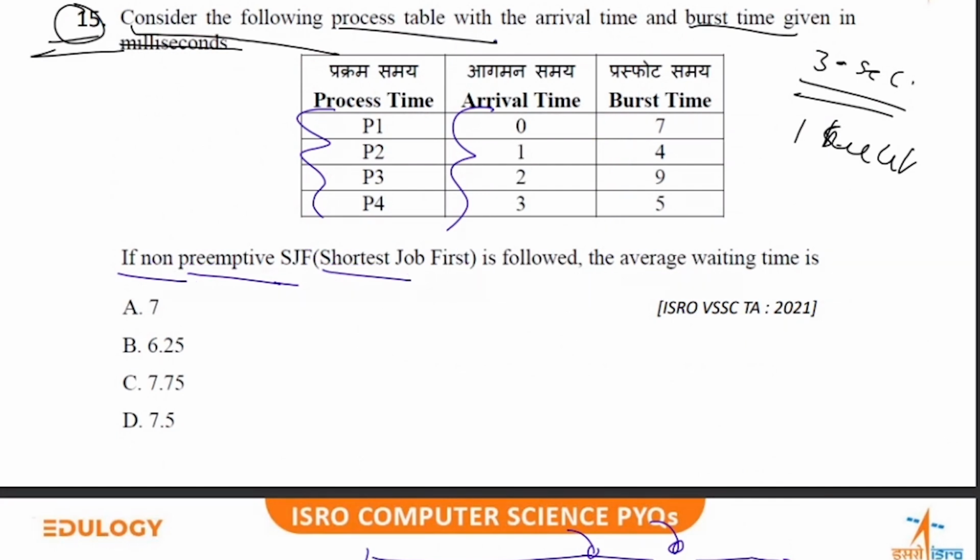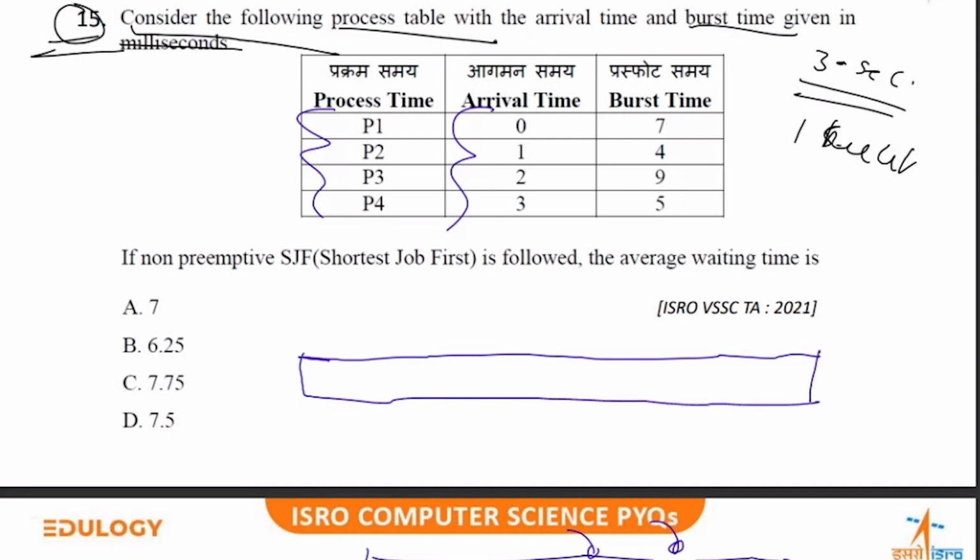First, we will draw the Gantt chart, which is most important to solve such kind of question. Okay. So here I'm just drawing the Gantt chart. See over here. Which algorithm are we applying? We are applying shortest job first.